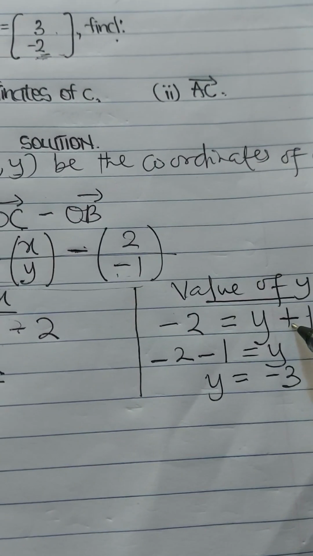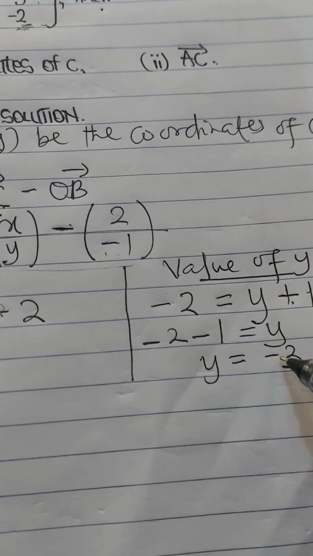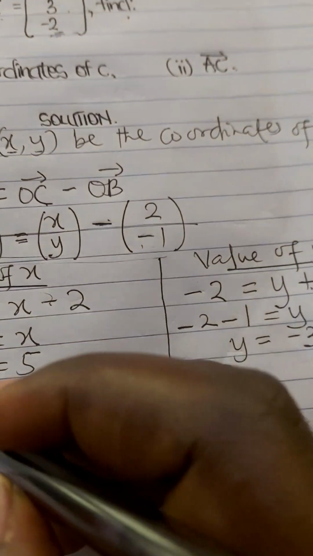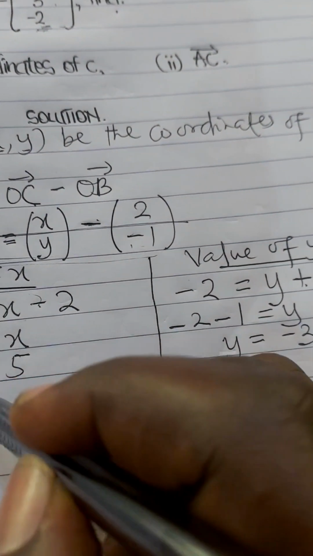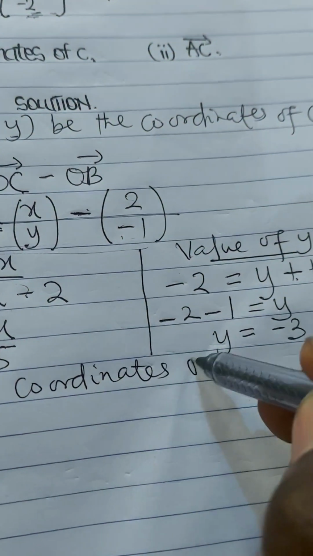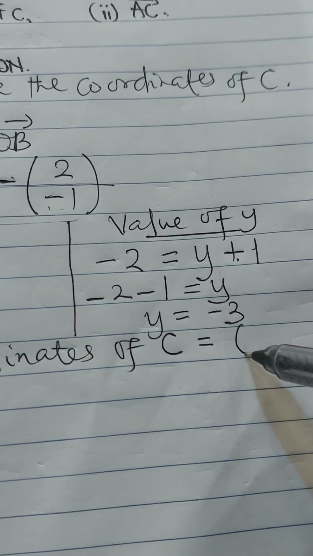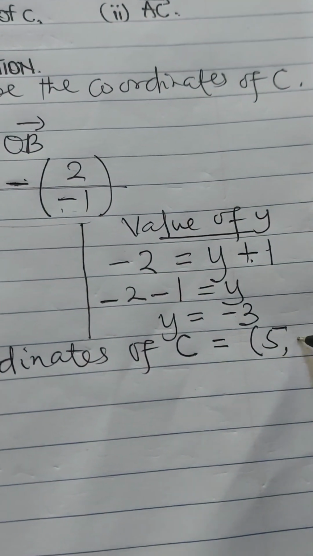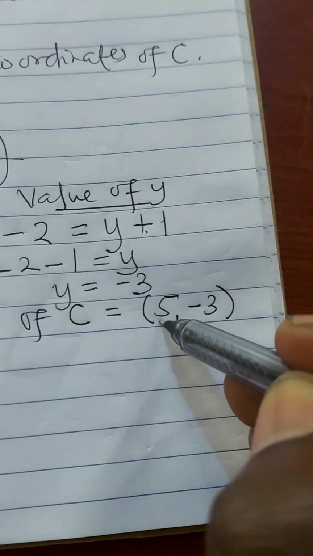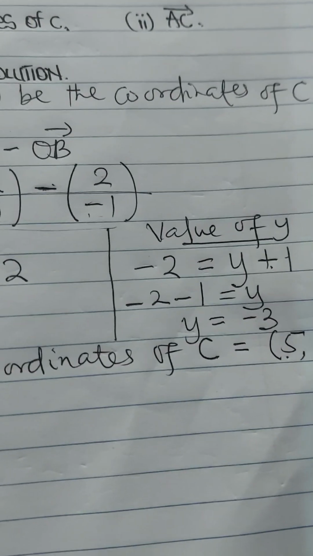Likewise, when a positive crosses the is equal to sign, it turns into negative or minus. So therefore, the coordinates of our point C is now what? (5, -3). So 5 represents the X component and minus 3 represents the Y component.